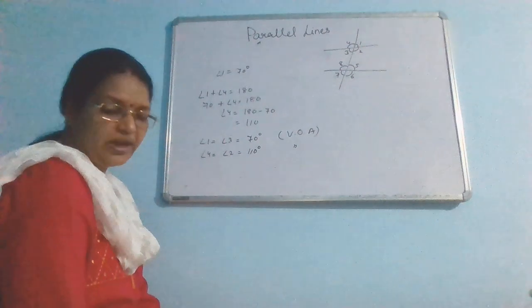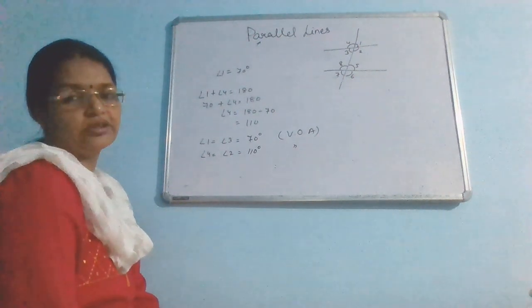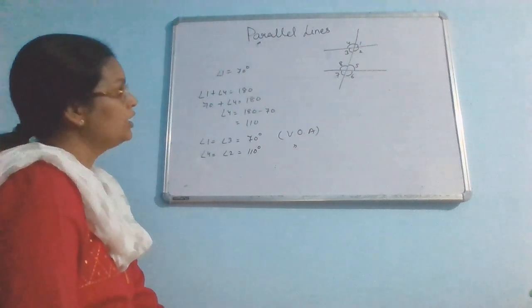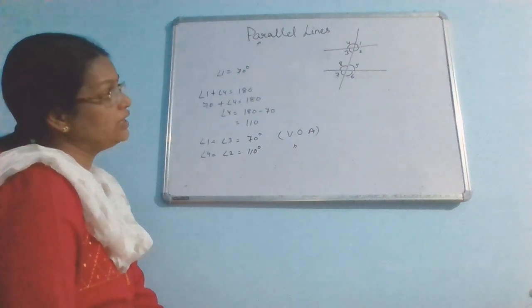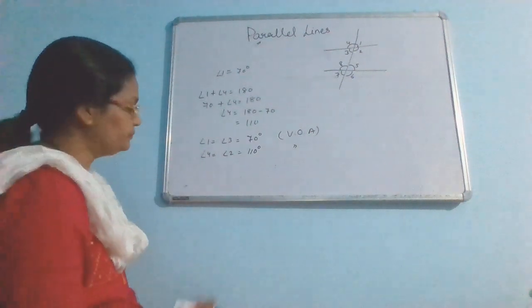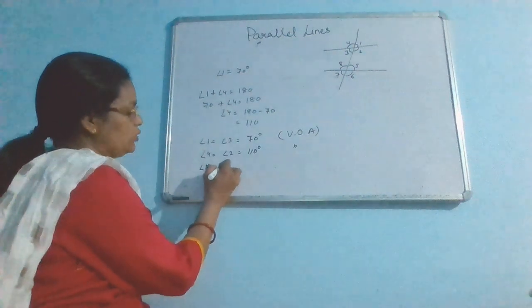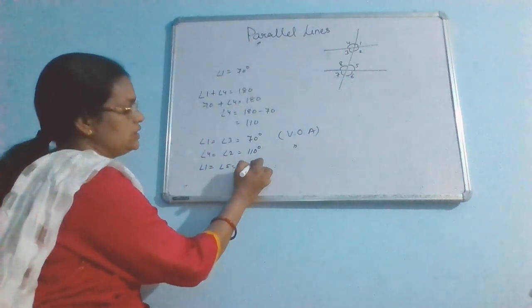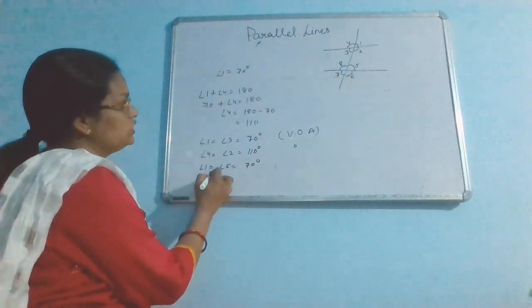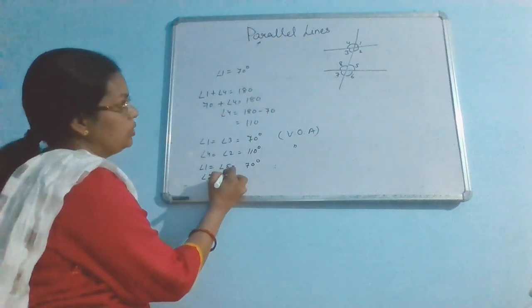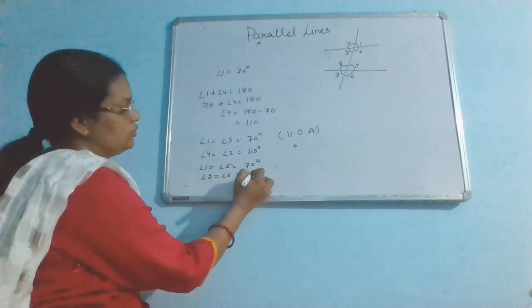Now we can easily find the other 4 angles with the help of the corresponding angles property. The corresponding angle of 1 is 5. So angle 1 is equal to angle 5 is equal to 70 degrees. Angle 2 is equal to angle 6 is equal to 110 degrees.